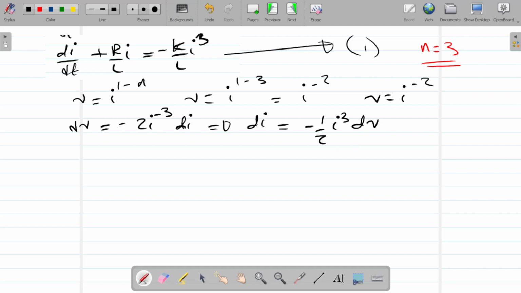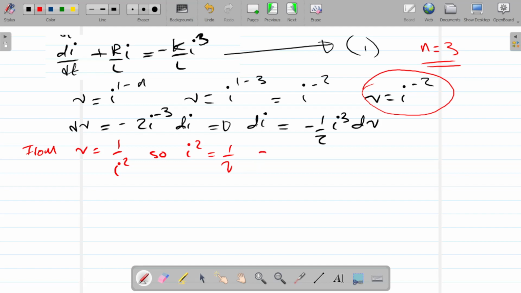What we want to do is find out what I is equal to on its own. From this term, we have v equals 1 over I squared. So I squared equals 1 over v.